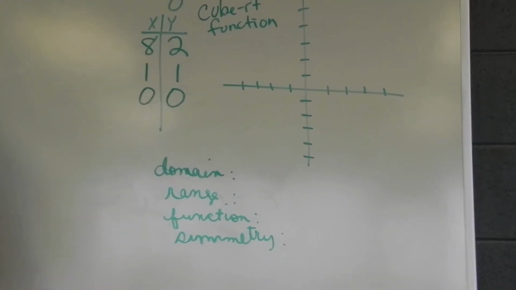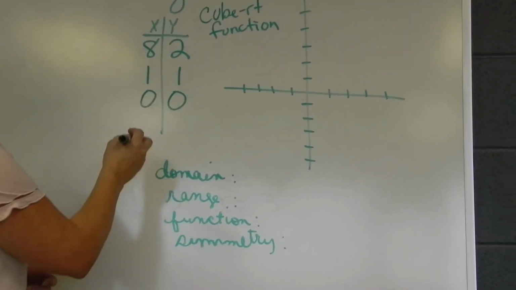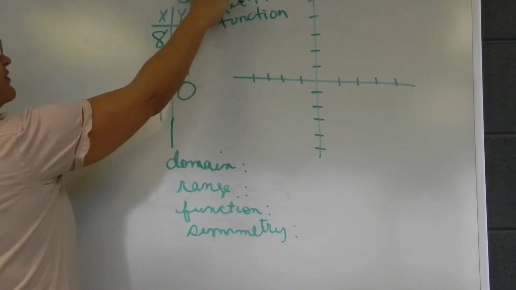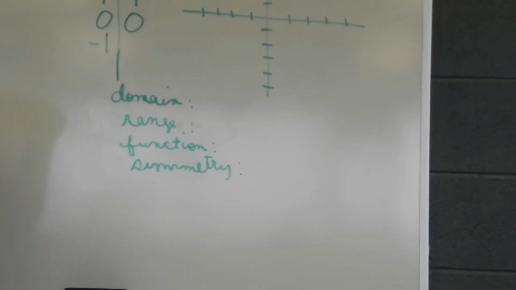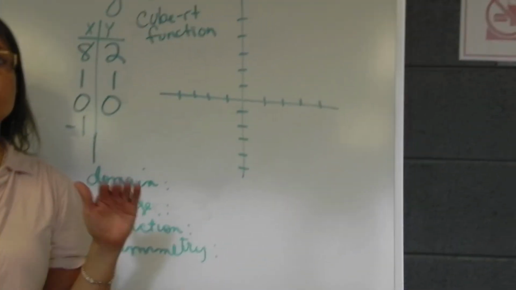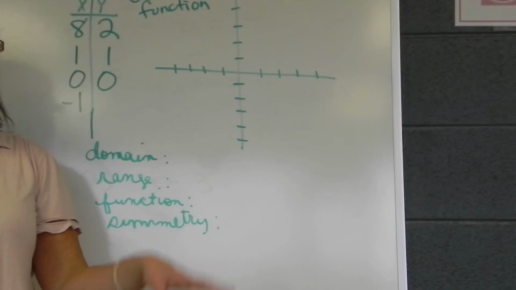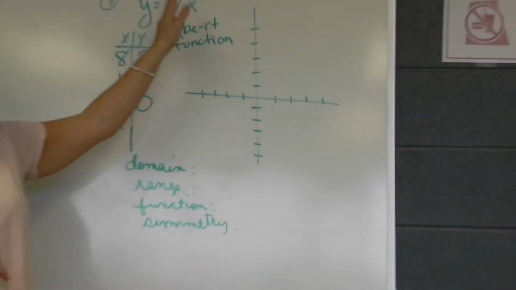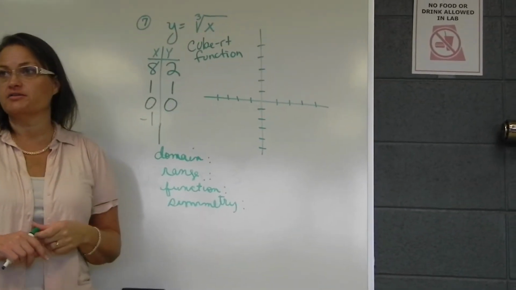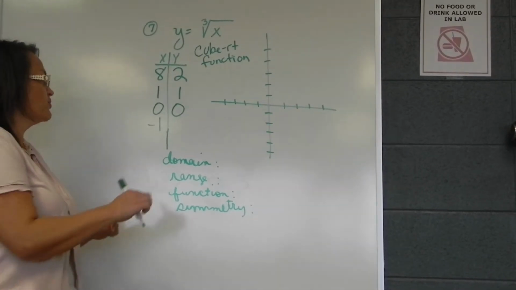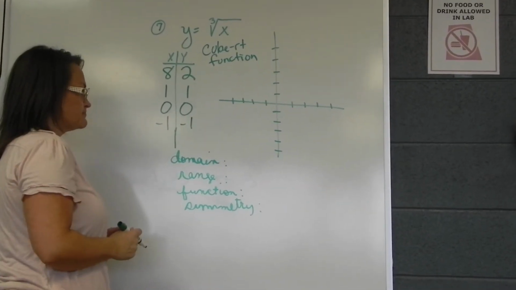Okay, something else. Good, I want some negatives. We can plug in negatives if it's a cube root. Now remember that last one we talked about, we could not plug in negatives because it was an even root, a square root. But if it's an odd root, you can do the odd root of a negative number. Cube root of -1 is -1.